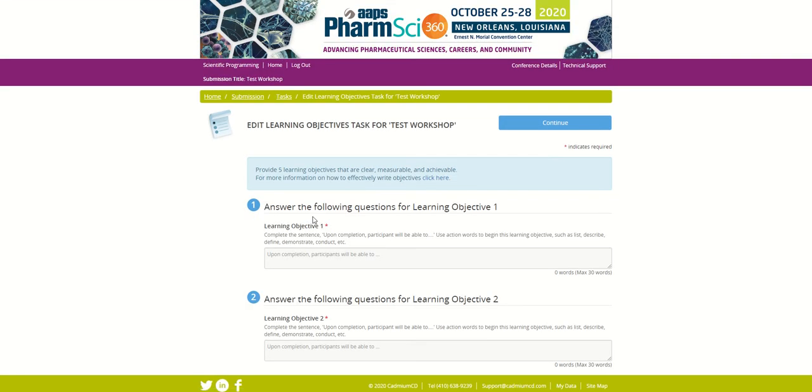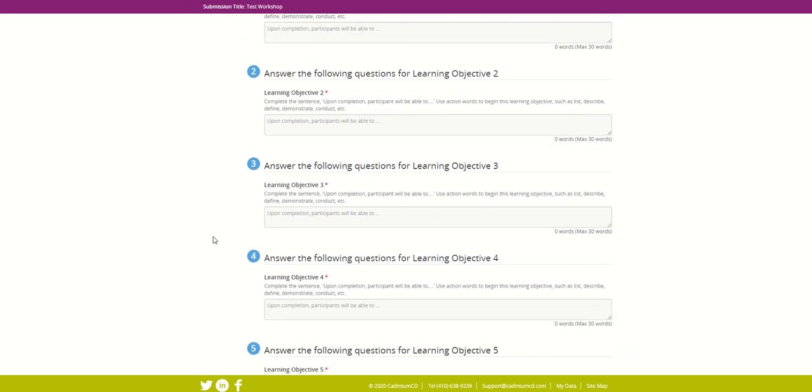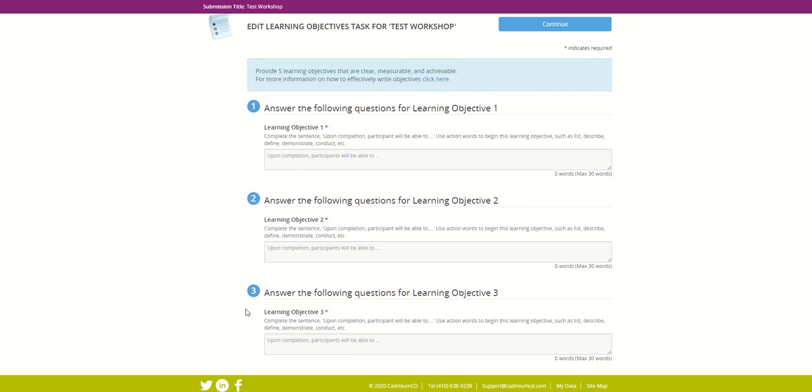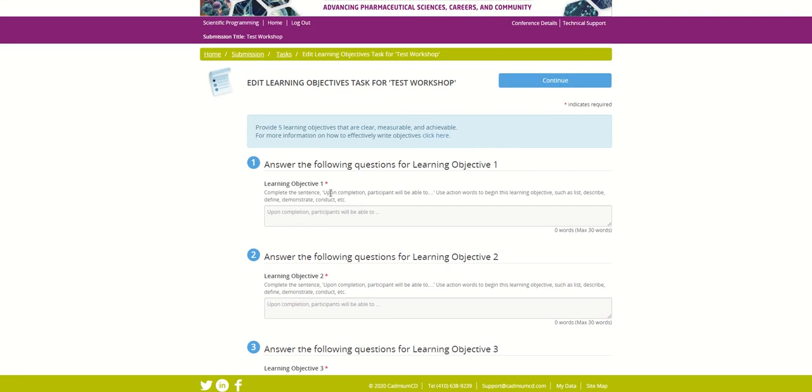This is a type of objective that is filled out for most of the content types, but the number of learning objectives varies. For workshops and short courses, it is 5 because you have a larger break of time, and the way that the learning objectives are written is by completing a sentence.